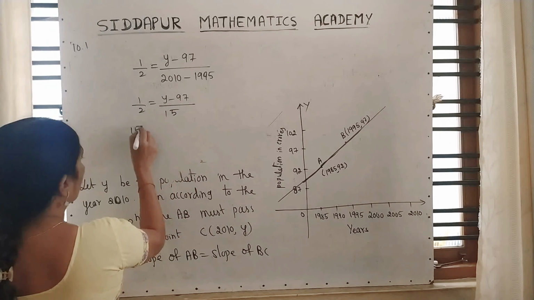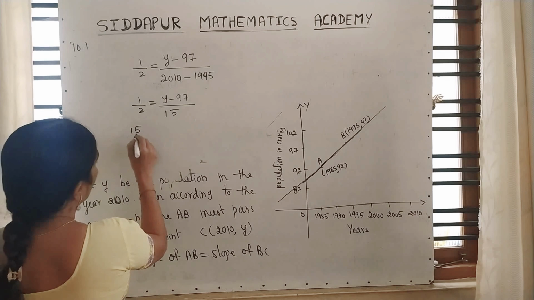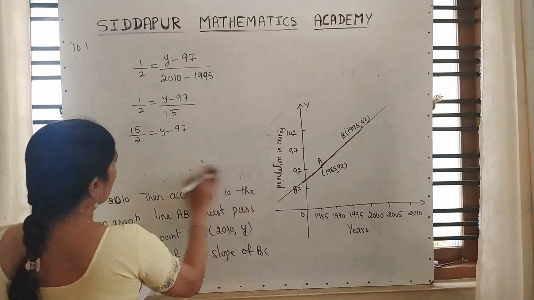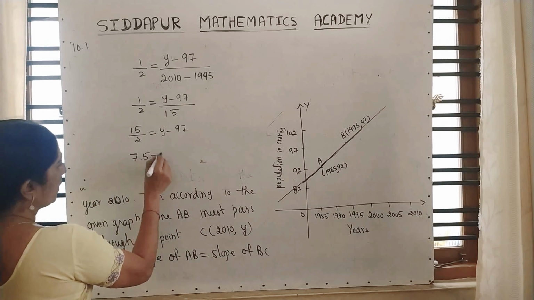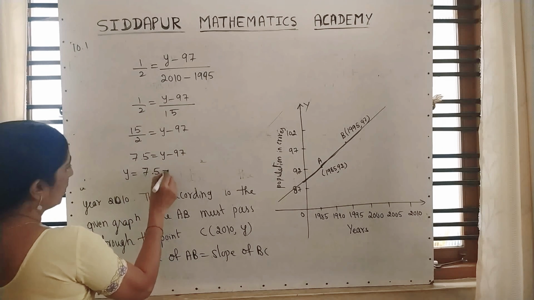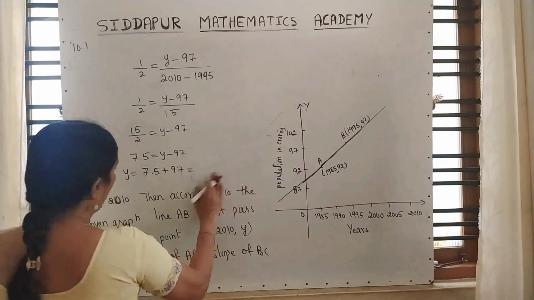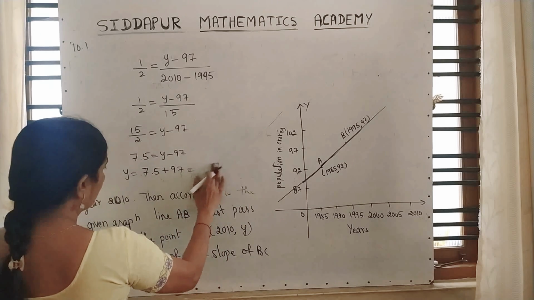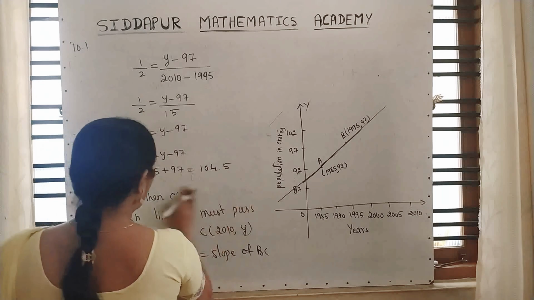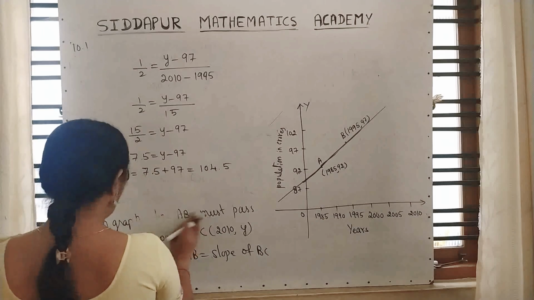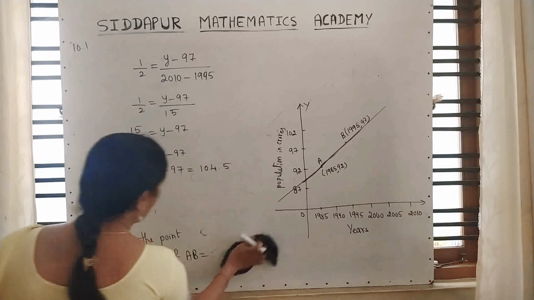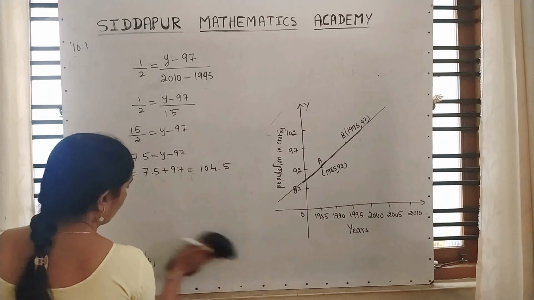Now 15 upon 2 is equal to y minus 97. 15 by 2 is 7.5, equal to y minus 97. y is equal to 7.5 plus 97. Now add these two. This is 104.5. Therefore, the slope of the line AB is 1 by 2, and the population in the year 2010 is 104.5 crores.